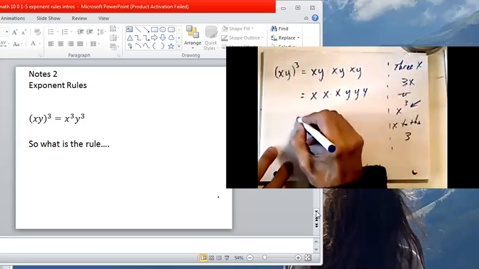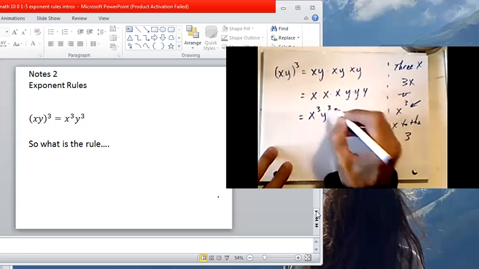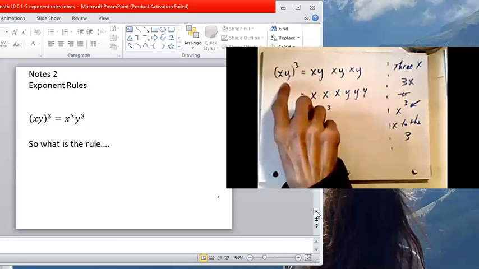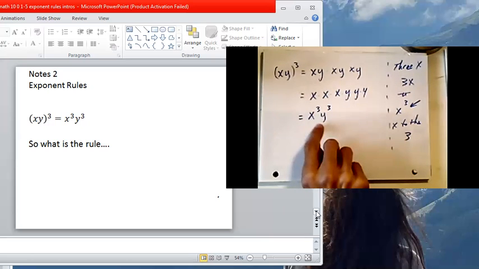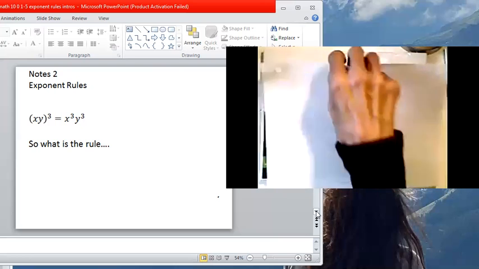And how about those y's? Y to the 3. Yeah, perfect. Okay, so we got to figure out the rule. We just have one example here. Let's do another one.